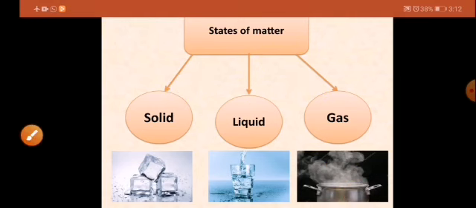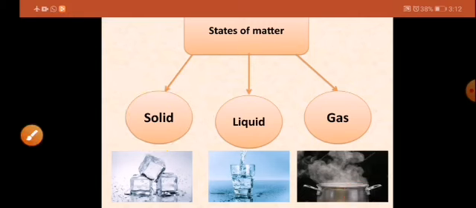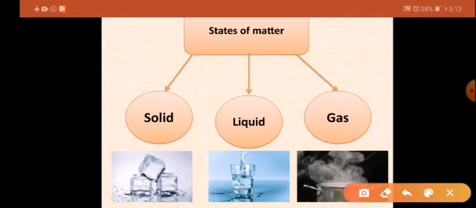Okay, can we mention some examples of solid matter around you? Yeah, very well. Your book, your sheet, your pencil, your phone, your toys. They're all solid matter. Okay, and what about liquid matter?